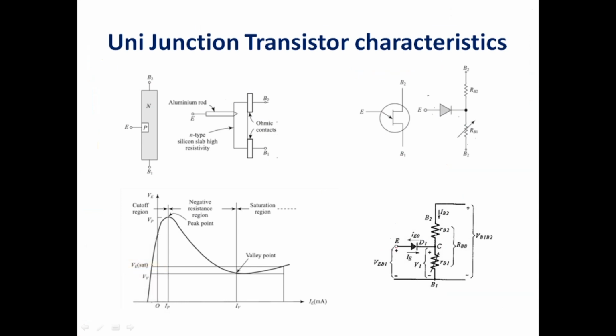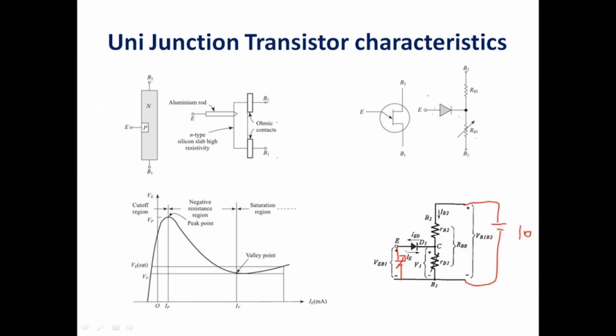Assume that I am connecting a power supply here, and assume that we give a power supply here also. Assume that I have connected a power supply of 10 volts, and I'm connecting some variable power supply here.